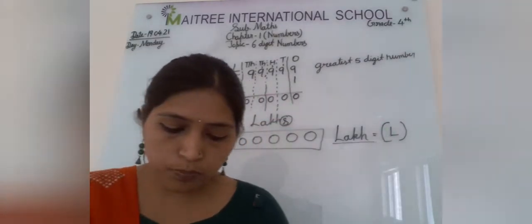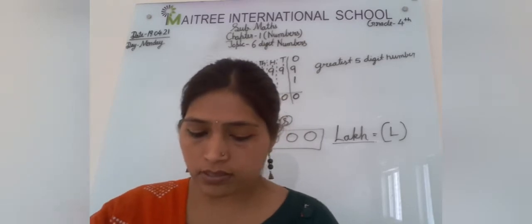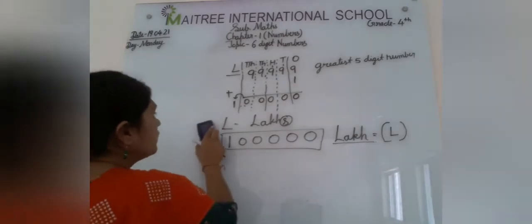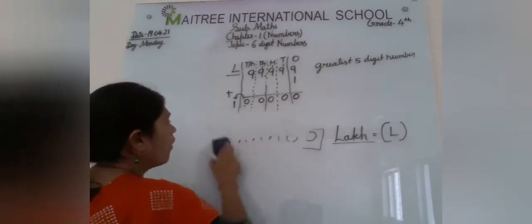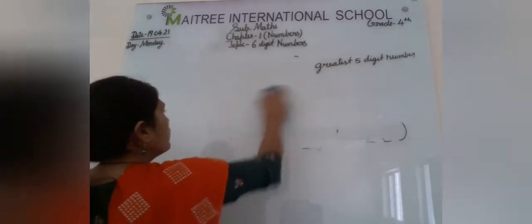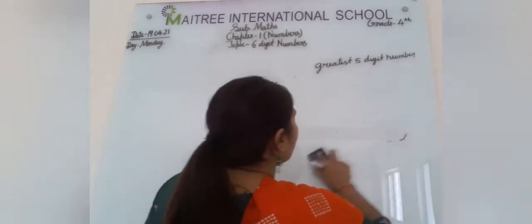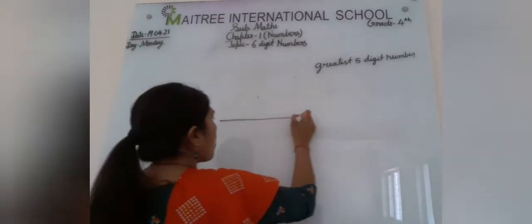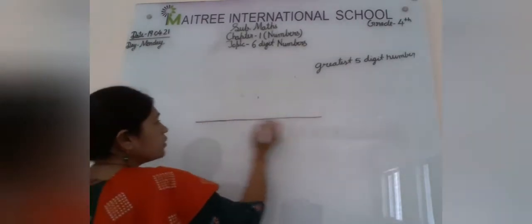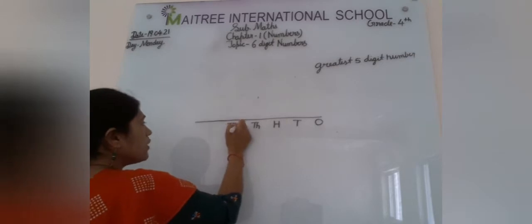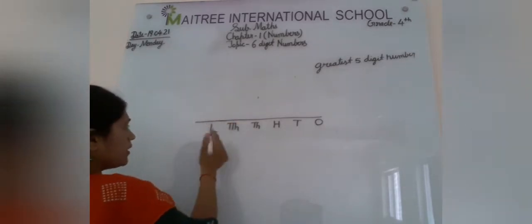Now let's put these numbers on an abacus. So let's draw an abacus. This is ones, tens, 100, 1000, 10,000, and the new place is lakh.